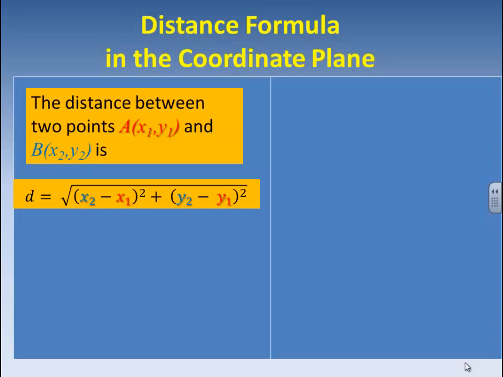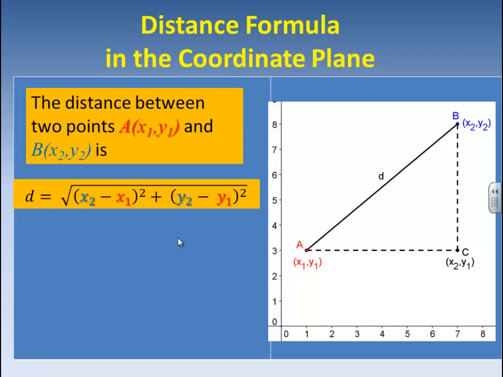Now the distance formula in the coordinate plane, I'm sure you remember the Pythagorean theorem. Well, that's where it comes from. You have point A and point B. Again, we're saying x1, y1 and x2, y2. But notice here, it's x2 minus x1 quantity squared plus the second quantity of y2 minus y1 quantity squared, and then you take the square root of the whole thing.